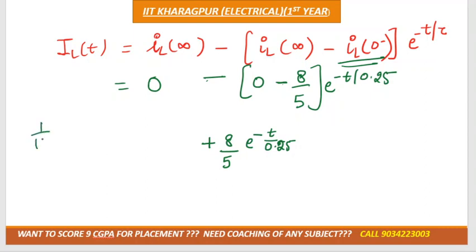So can I write down 1 by 0.25? Remember I told you we'll never put divided by 0.25. We always take it in the numerator. 1 by 0.25, can I write it like 100 by 25? So it would be 4. Correct? So it would be 8 by 5 e raised to power minus 4t.